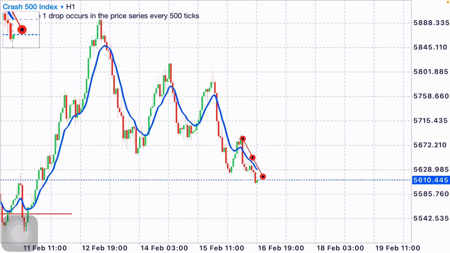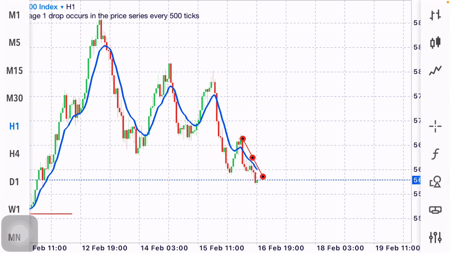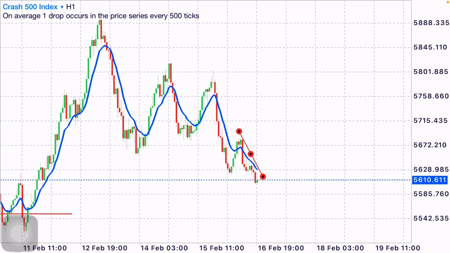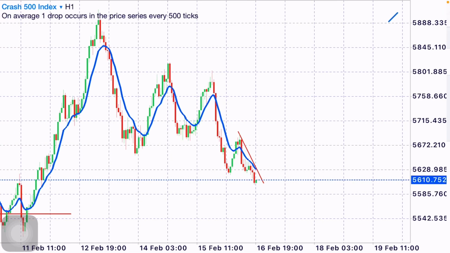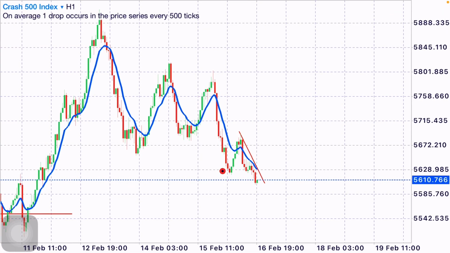And when you are drawing your trend line, it must touch one or two, three edges like this, the way this one is touching now. Then you want to draw another trend line here like this. So you draw another trend line like this.